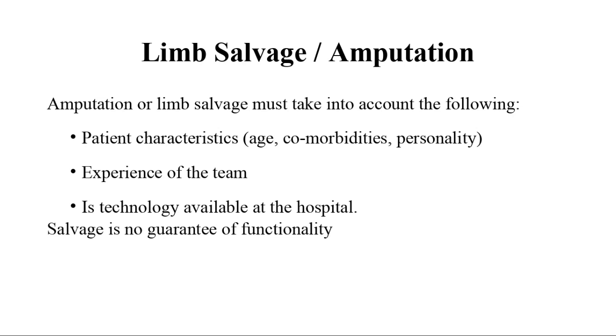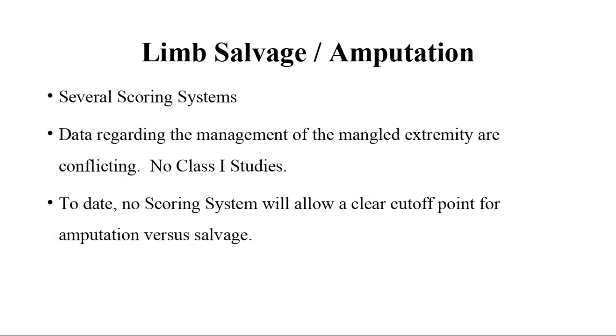So let me go back to this slide so you can understand this a little bit better. Let's see if I have this slide. You notice I said a mangled extremity. A mangled extremity is the same thing as classifying it into type 3A or type 3B. It means the soft tissue is significantly damaged. The bone is significantly damaged.